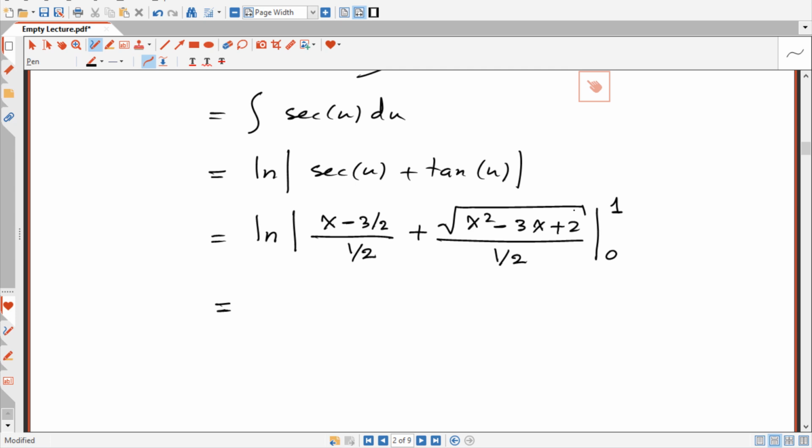Let's do the evaluation. If we substitute 1 minus 3 by 2, that's ln the absolute value of minus half over half, that's minus 1, and if we substitute 1 in the square root, it gives us 0, so minus ln the absolute value. If we substitute 0 here, it gives us minus 3 plus 0 plus 0, plus the square root of 2 over half, that's 2 multiplied by the square root of 2.